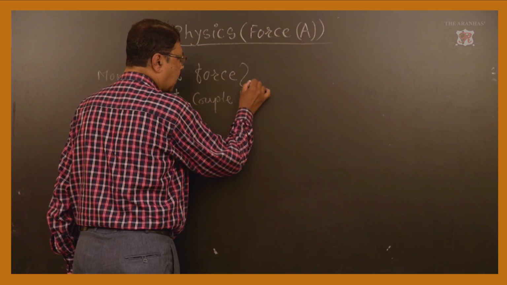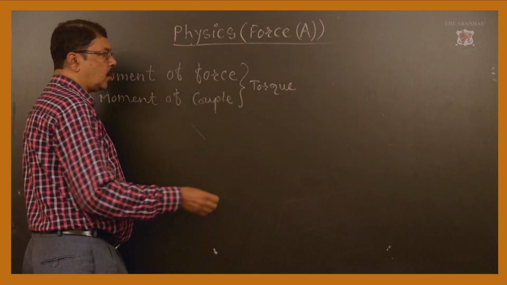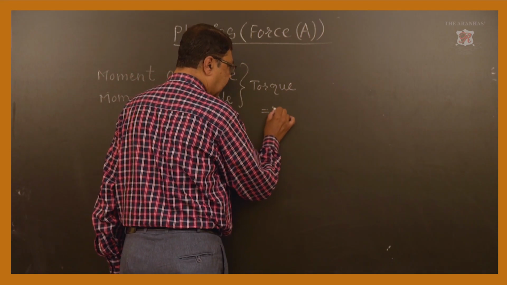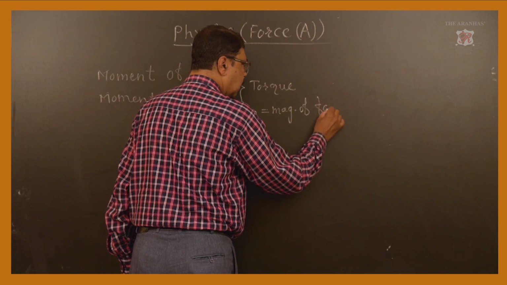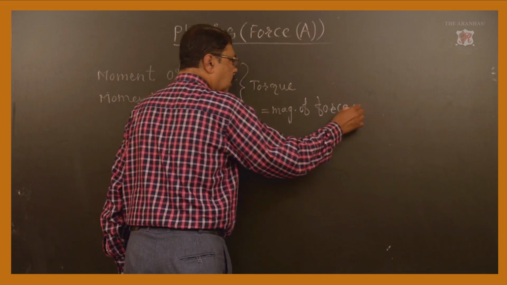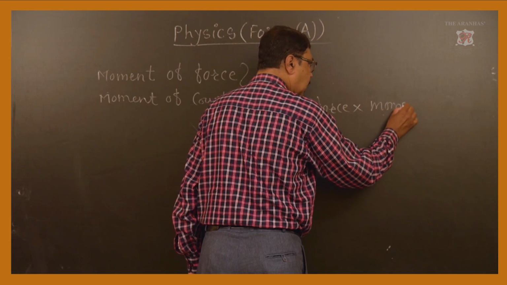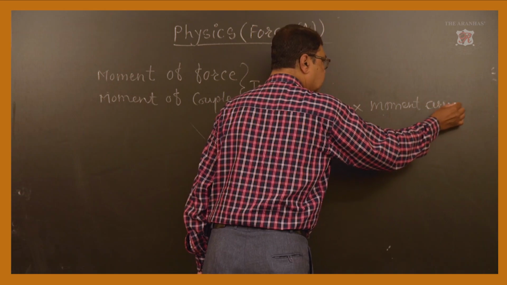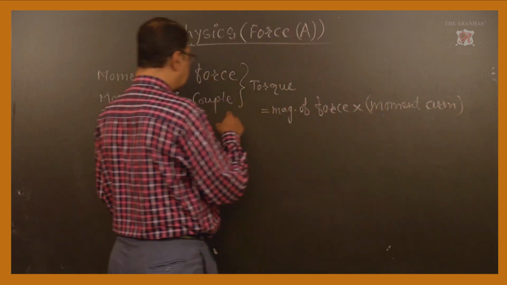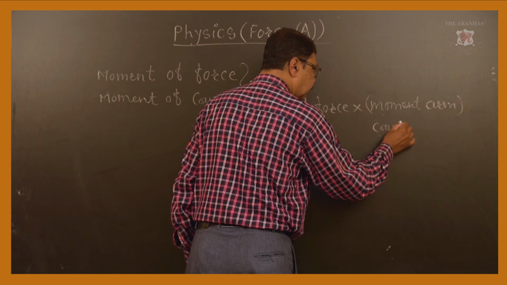Both of them are also called as torque, and what we know is torque is magnitude of force into perpendicular distance, or it is called as moment arm in case of moment of force, and in case of moment of couple it is called as couple arm.